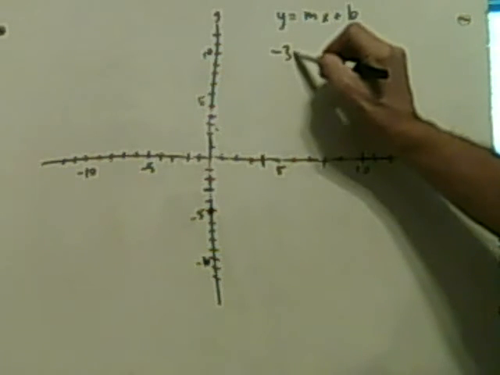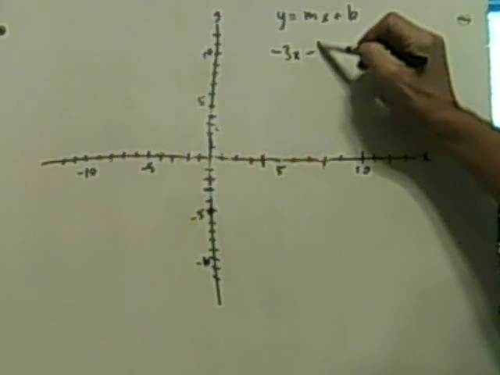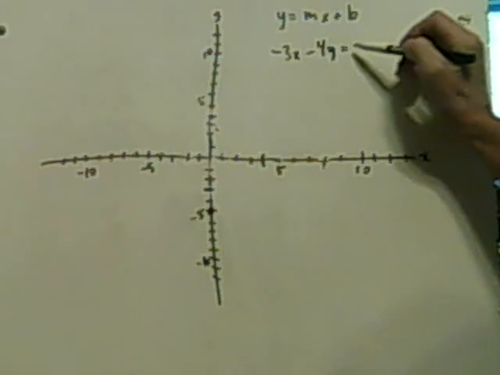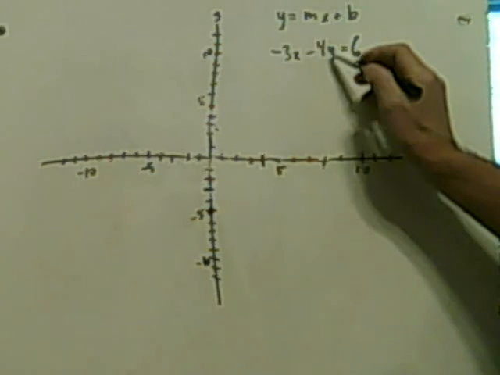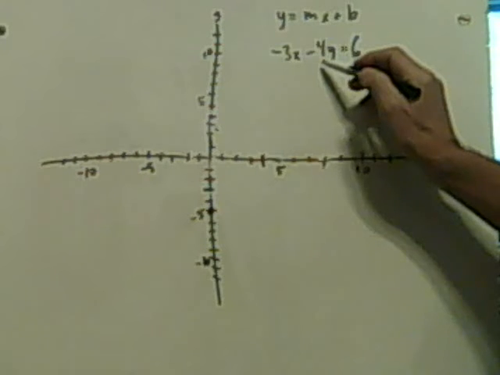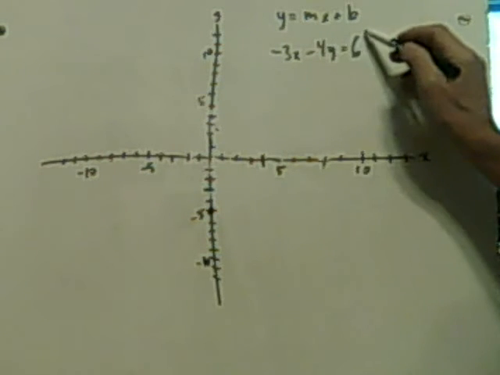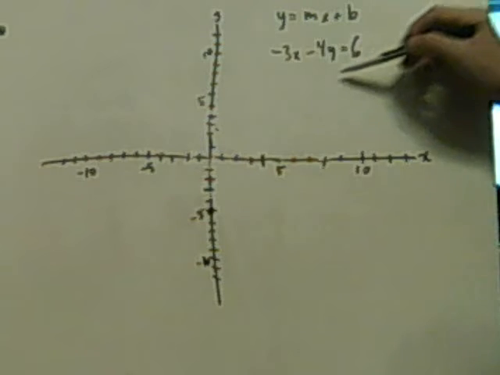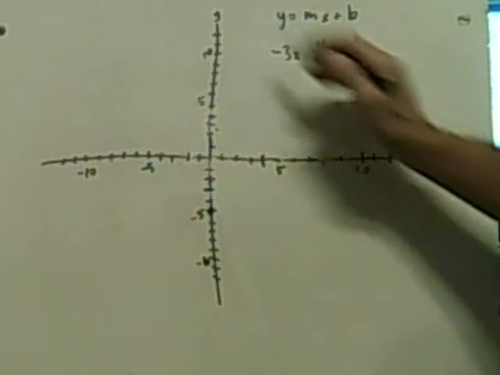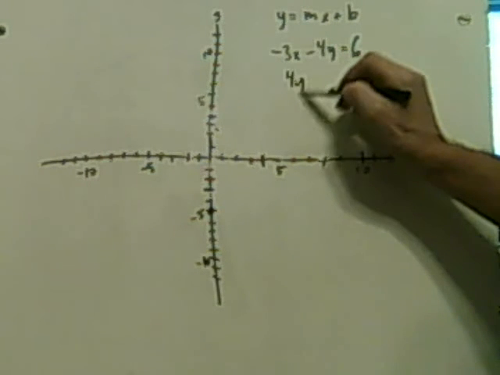Okay, let's go to 28. Negative 3x minus 4y is equal to 6. Now we want to get the y out by itself. So I'm going to move the 4y to this side, move the 6 to that side, and put the y on this side.